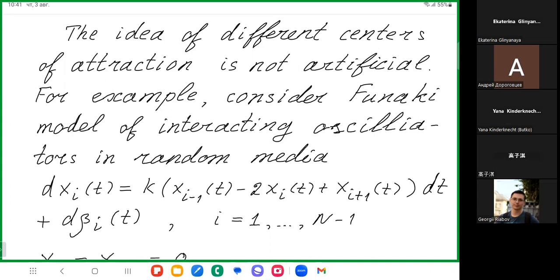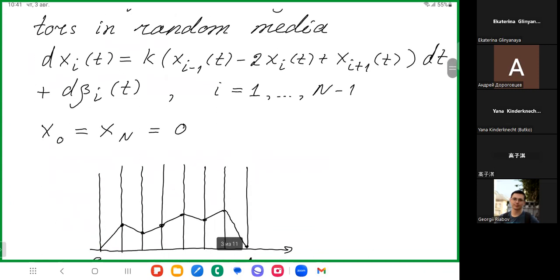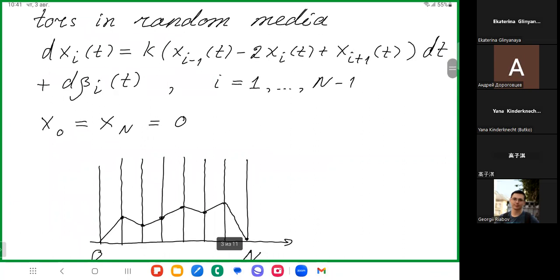This equation is for the motion of particles which are placed on the vertical lines, which we can see in the picture, and the connection between particles satisfies Hooke's law.